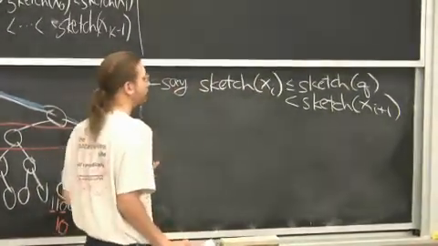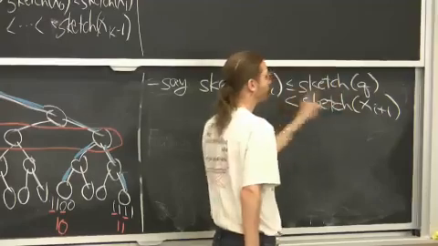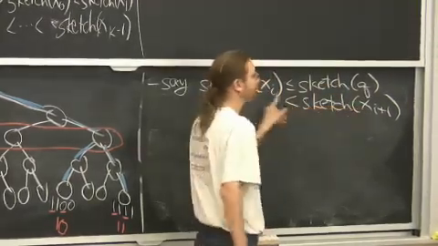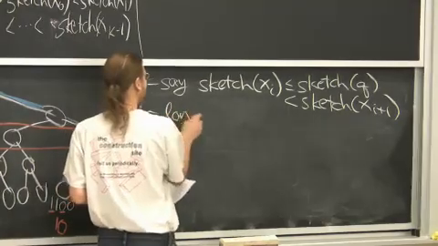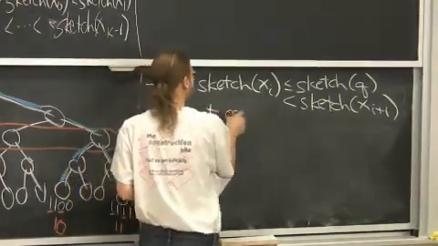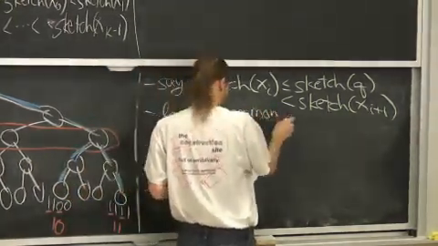Okay, so you figure out sketch of q fits here. I want to learn something about where q fits among the xi's. Obviously, these may be the wrong answer. But I claim I can do something useful by looking at the longest common prefix of those words.